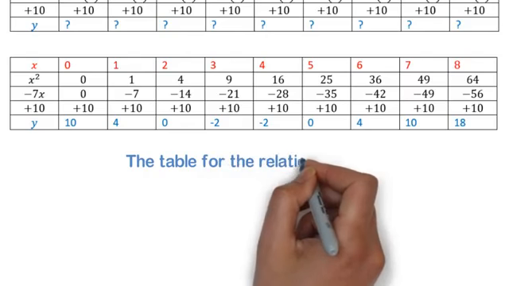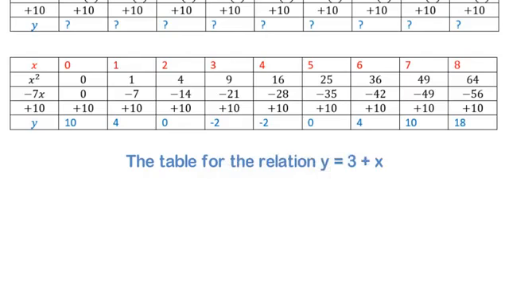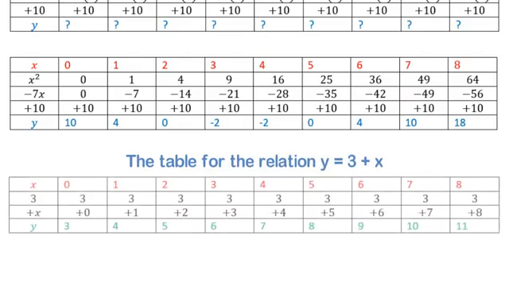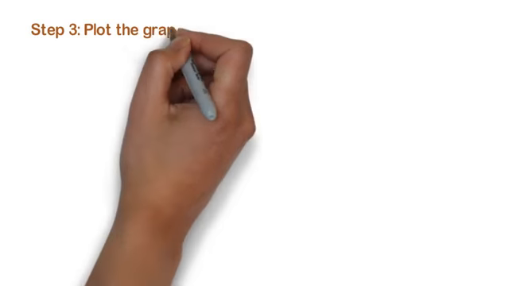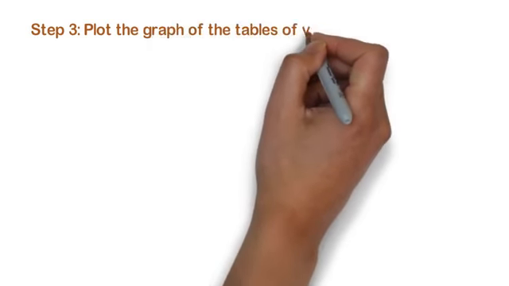You do the same for the relation y equals 3 plus x, taking the same range from 0 to 8 and getting the corresponding values of y as seen in the table as displayed.